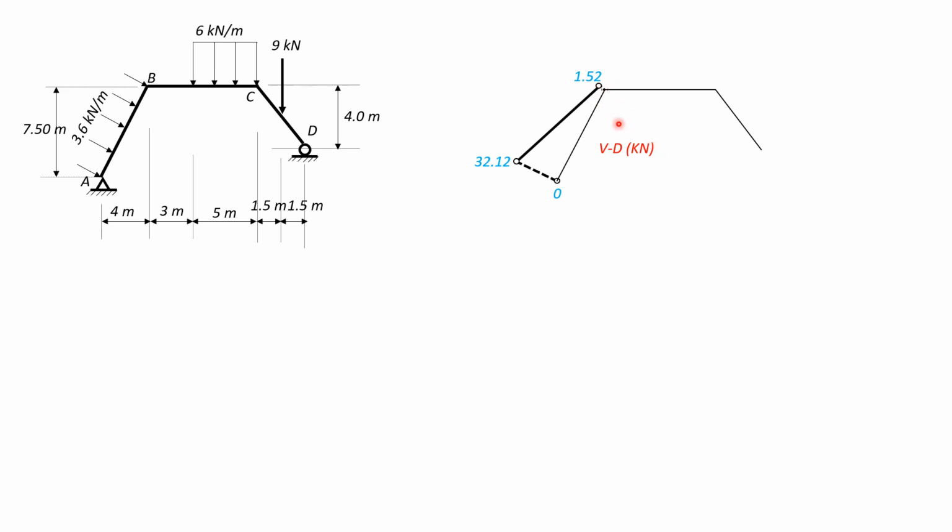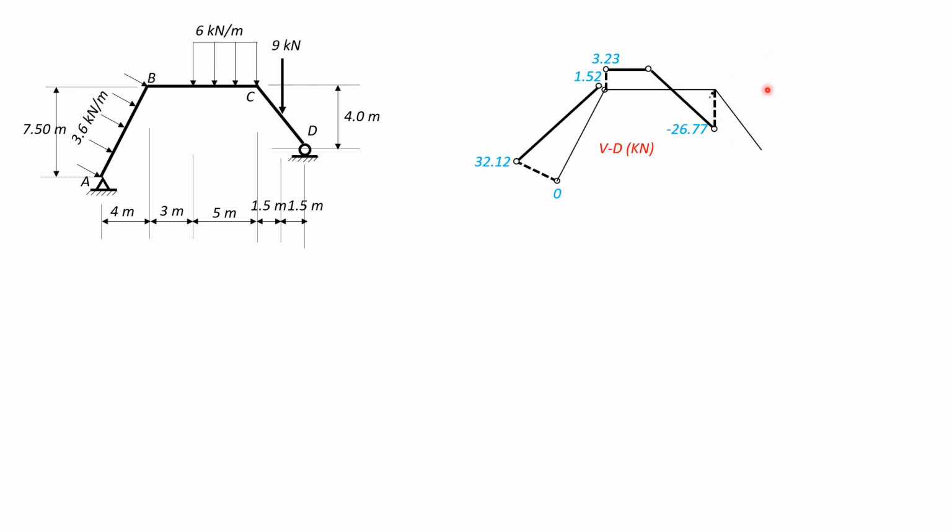Then here we have V_D, which is upward, equal to 3.23. You look at the calculations in the preceding slides. Then constant up to here. Then minus 6 times 5, minus 30, negative 26.77. Then plus shear at C, which is 26.77, so that closes.